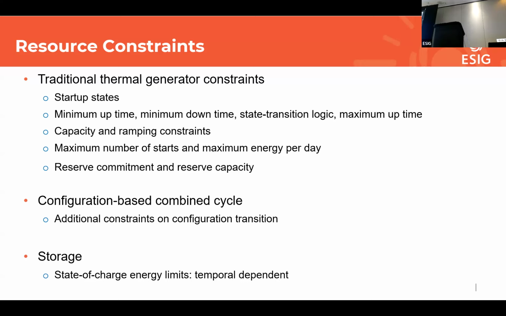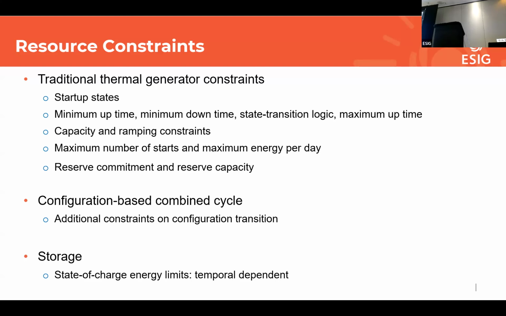And then there's a minimum uptime and downtime, start transitions, maximum uptime, and generators also have capacity ramping constraints, and a maximum number of starts or maximum daily energy for fuel-limited resources. And on the ancillary services side, like the reserve market, some ISOs also introduce reserve commitment and capacity constraints.